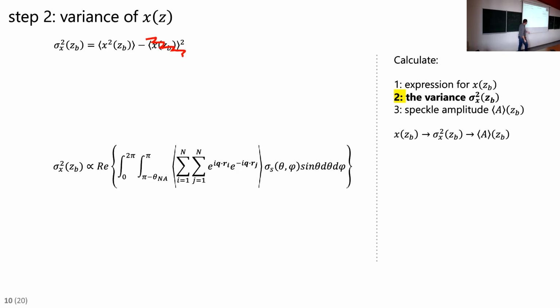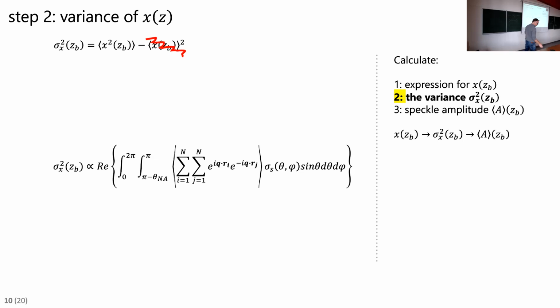The result is kind of impressive because we have a double sum over all the particles, so the phase differences between the different particles enter here. Also, by squaring the amplitude function, we get the differential cross section over here.